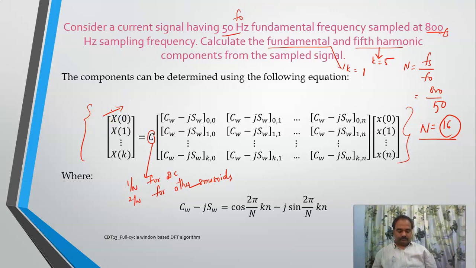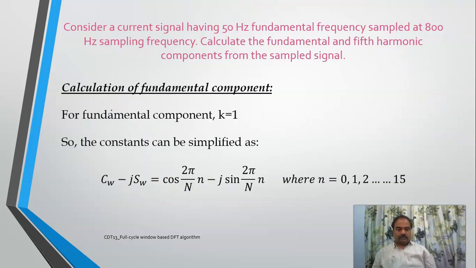Now, let us once again look back at this one. Fundamental component, k is equal to 1. So I do require X of 1. For X of k, you know the equation is sigma, capital C, sigma n is equal to 0 to N minus 1, right?